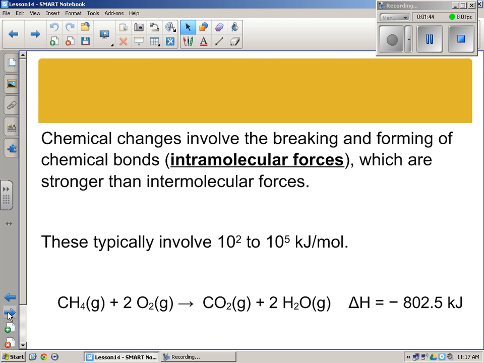That's intramolecular, where you have to break things apart and reform them into something new. The carbons and hydrogens break apart, the carbon combines with the oxygen, and the hydrogen combines with the oxygen, giving you new stuff. So that's usually anywhere from 100 to 10,000.